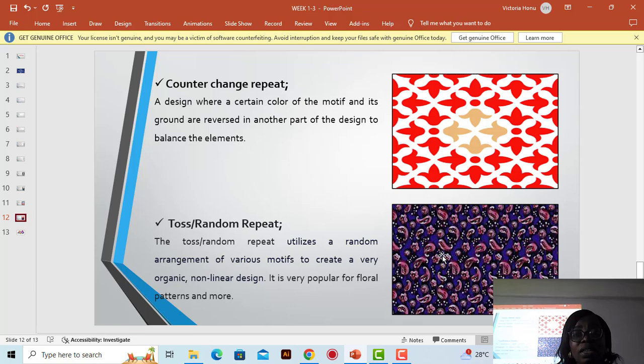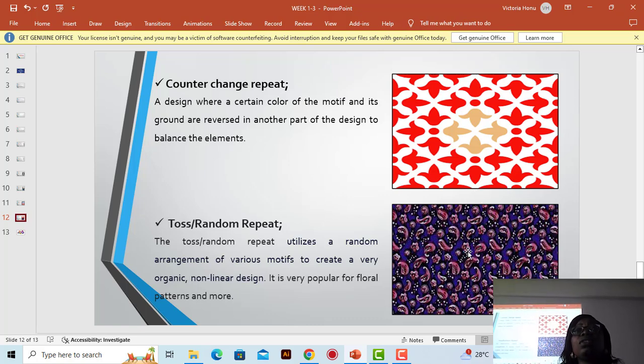So with this one, if you have your design, you toss it in any direction at all. You see, look at this design. You can't see lines, right? Even with the counter change, you can't see lines. It means that the designer decided that the imaginary lines will not be part of the design.